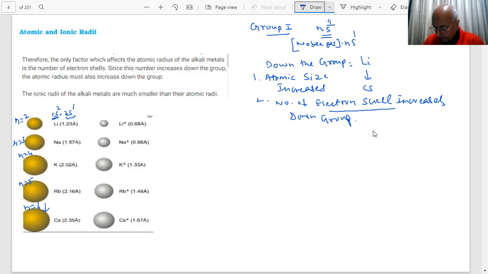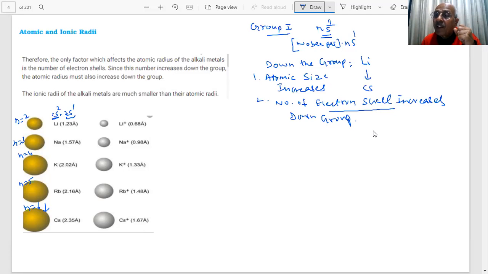There is only one electron in the outermost s orbital, and the inner shells are completely filled. These inner electrons shield the nuclear charge for the outer electron. Therefore, the outer electron does not experience the full nuclear charge equal to the atomic number, but much less than that.